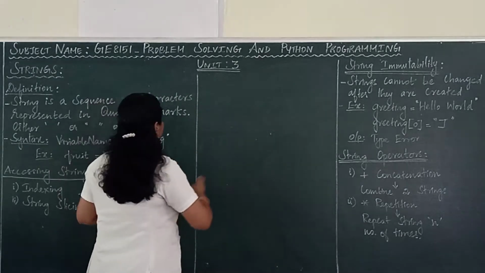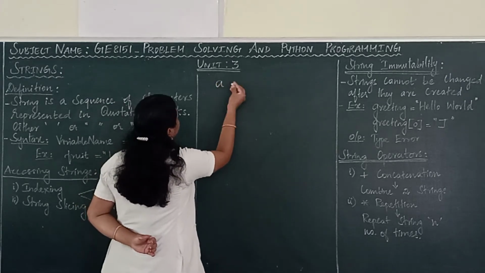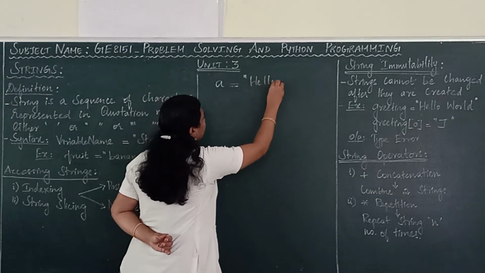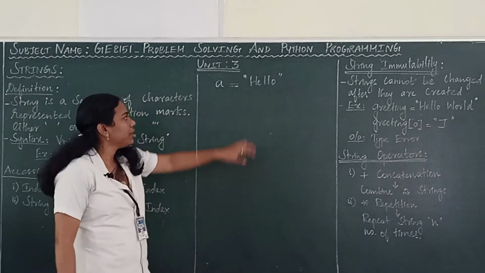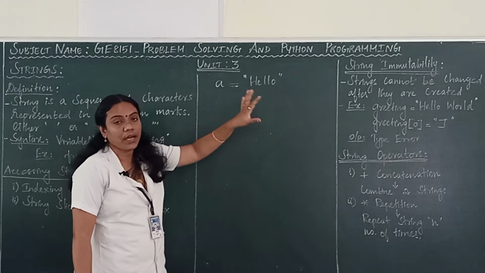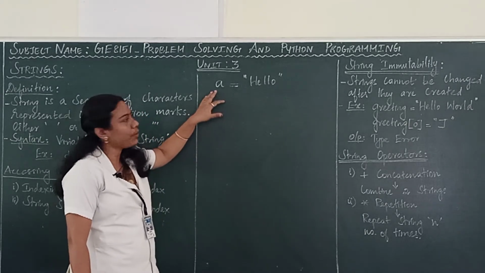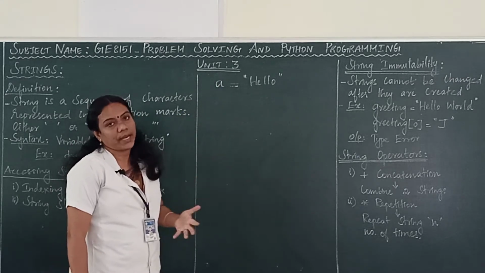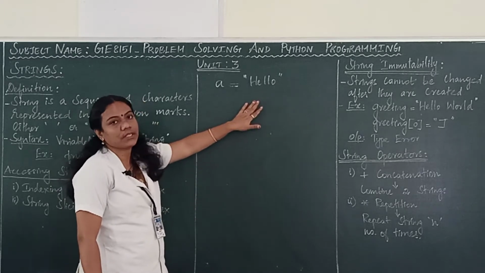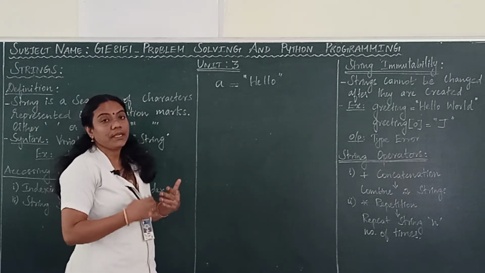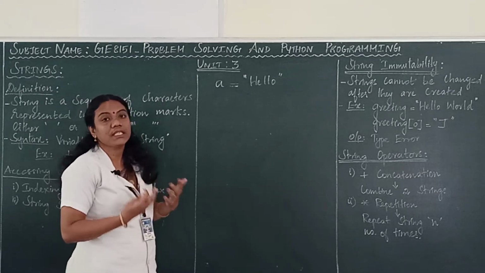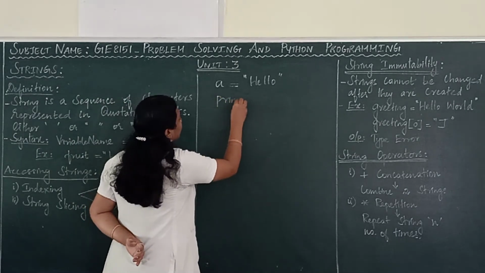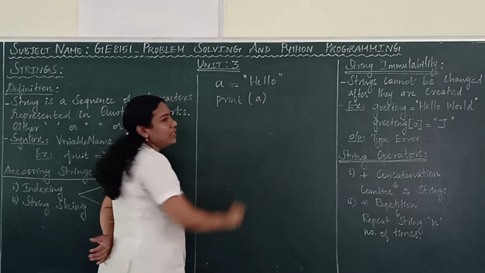For example, consider a string. A, assignment operator, inside double quotes the string hello. So it is a new string, the value hello, assigned to a variable A. Here A is a string variable, a variable that holds a string value. Now if I need to access the complete string, or print the complete string on the output screen, I can use the print statement, print followed by the name of the string.